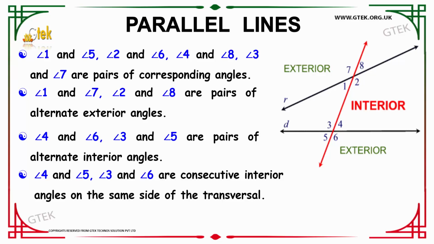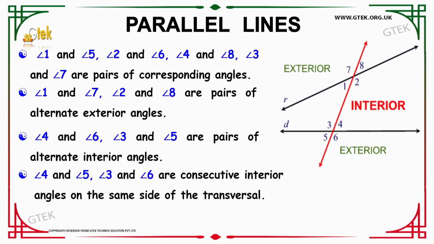In terms of the exterior angles, angle 1 and angle 7 are one pair, and angle 2 and angle 8. So these are the pairs of alternate exterior angles.